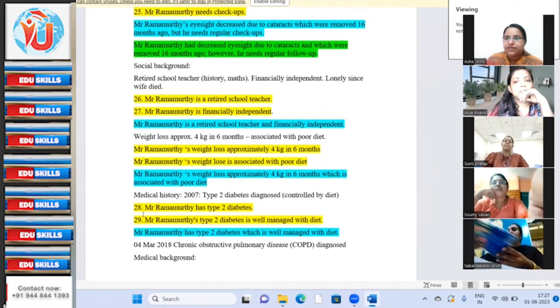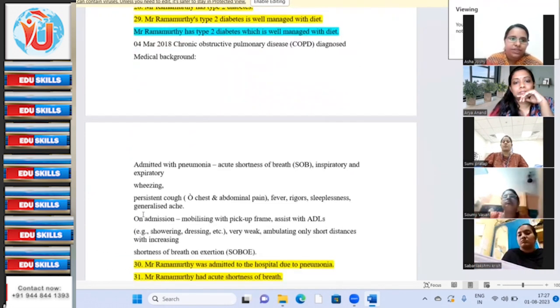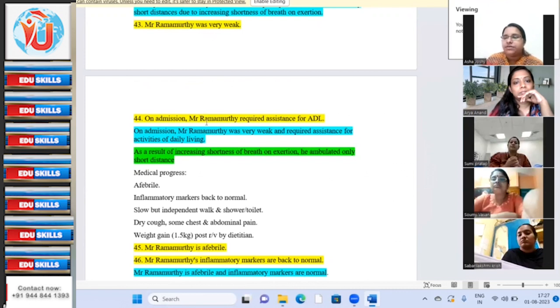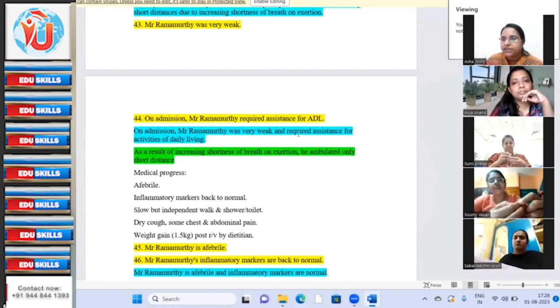Next, one more sentence: on admission, Mr. Ramamurthy was very weak and required assistance for activities of daily living. This we can convert into a complex sentence like: as a result of increasing shortness of breath on exertion, he ambulated only short distances.